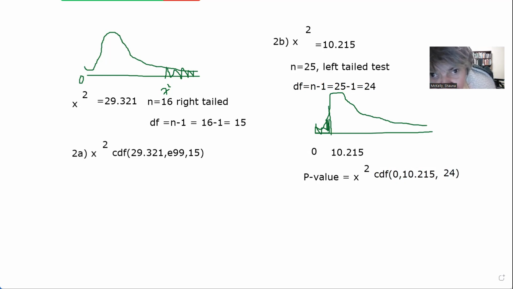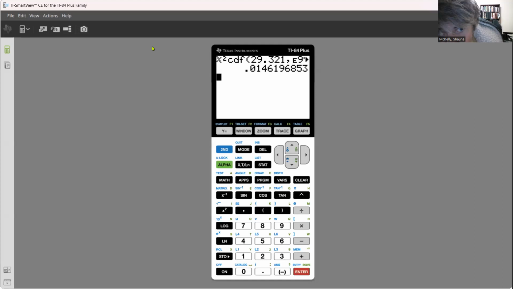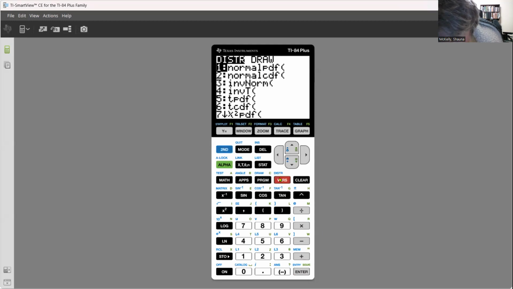Let's look on the calculator. Let me share the calculator screen here. I have second distribution, chi-squared CDF, number 8.